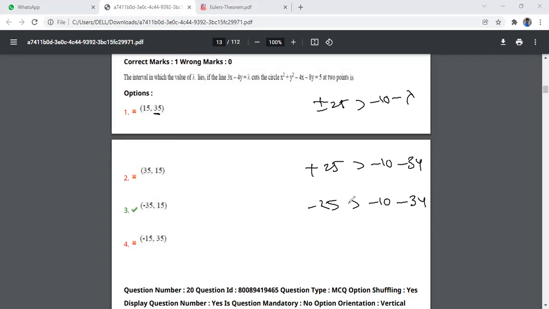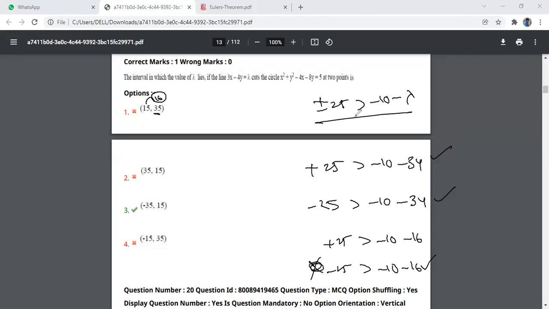Now if you take 16, plus 25 greater than minus 10 minus 16, and here minus 25 greater than minus 10 minus 16. So here it fails, because this is 26.